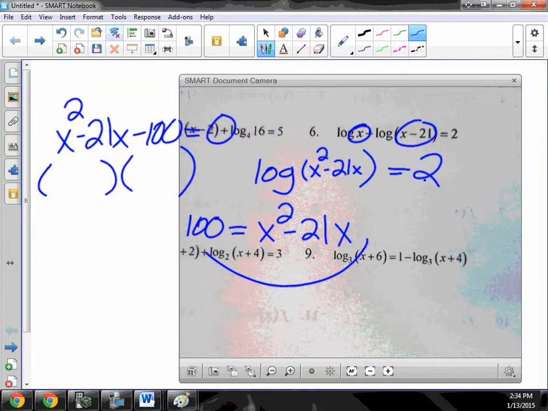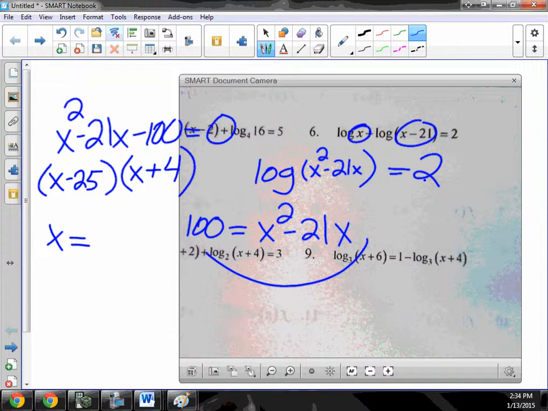Well, they're not two negatives. One's positive, one's negative. So x minus 25 and x plus 4. So what are my two answers? 25 and negative 4.